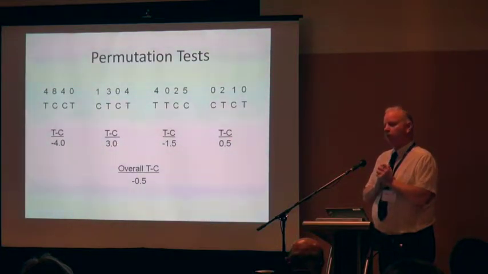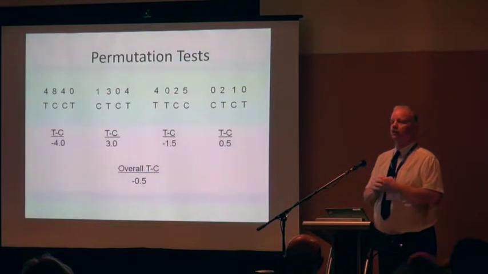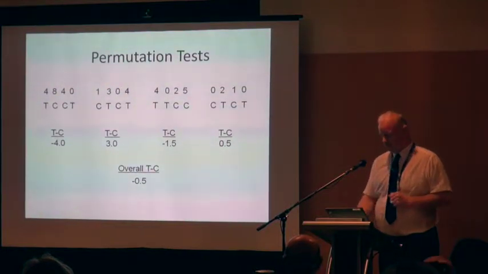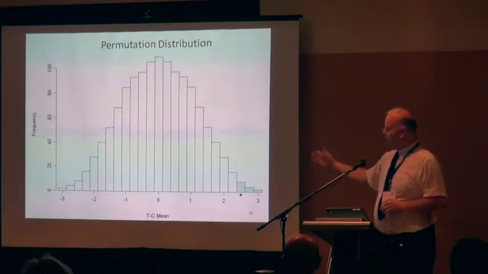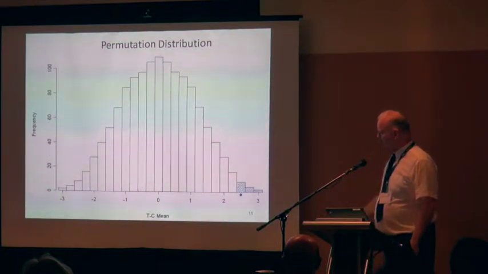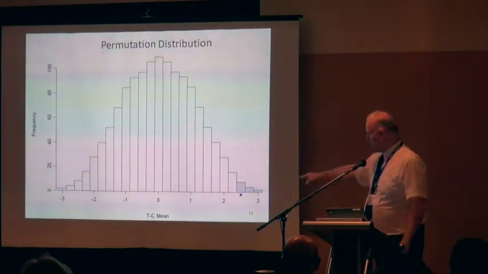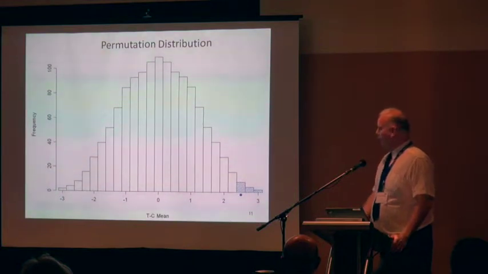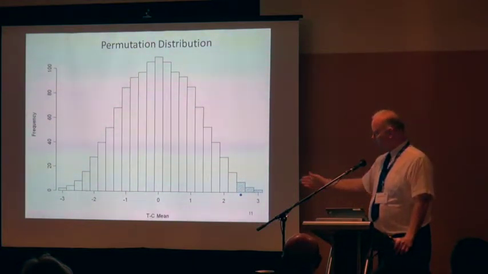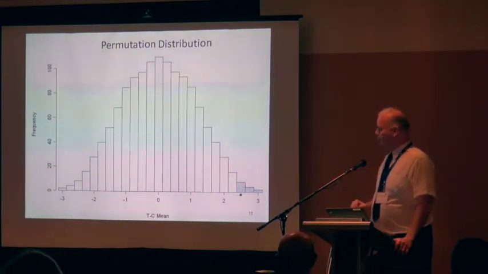You could do that thousands of times, or in a small example like this, you could exhaust all the possibilities, and when you do that, you get this nice permutation distribution, which is centered at 0. Then you look at your observed value, which is that blue dot there at 2.5, and if you wanted to compute a one-tailed p-value, that would just be the area of the bars to the right and including 2.5.